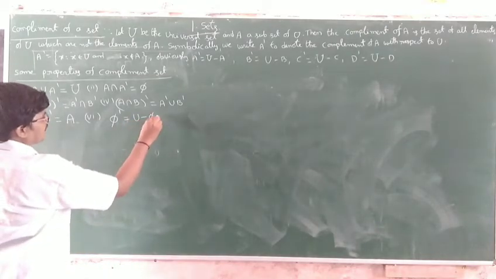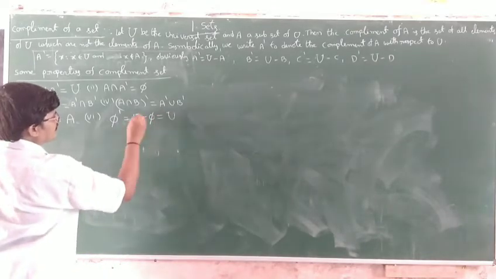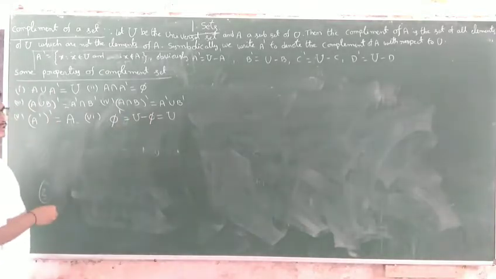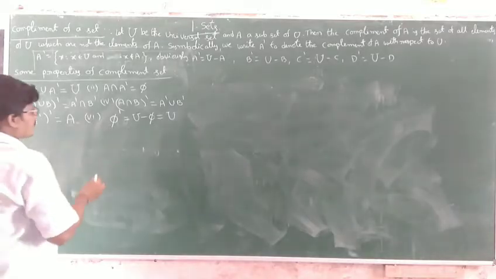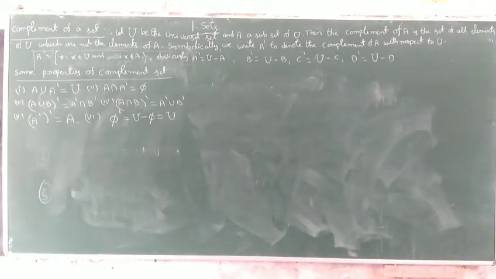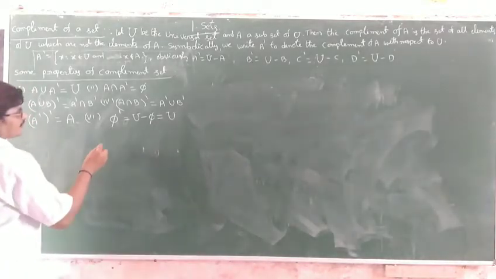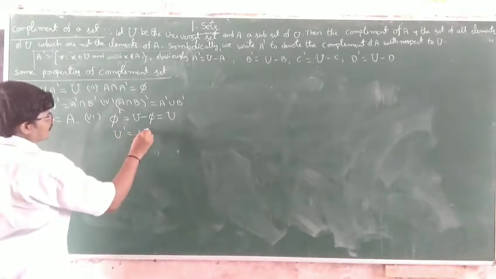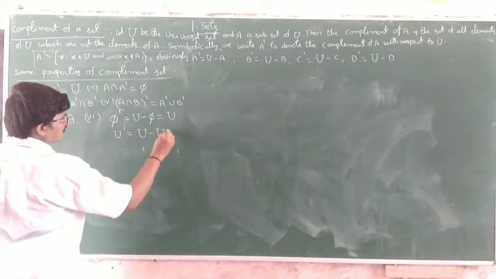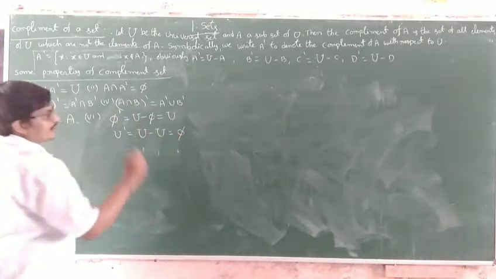Universal minus the empty set is equal to universal. Next, universal complement, the empty set complement: universal minus universal is equal to the empty set.